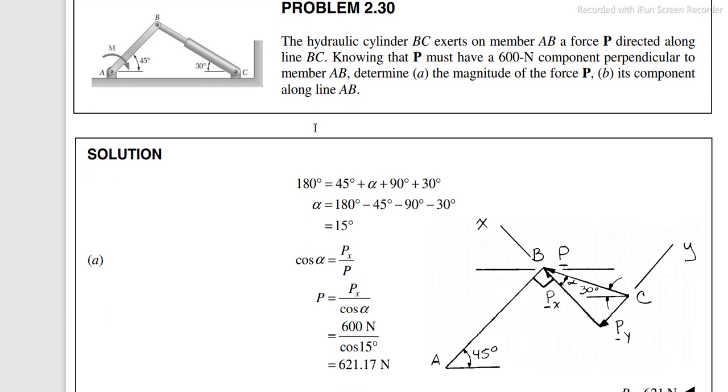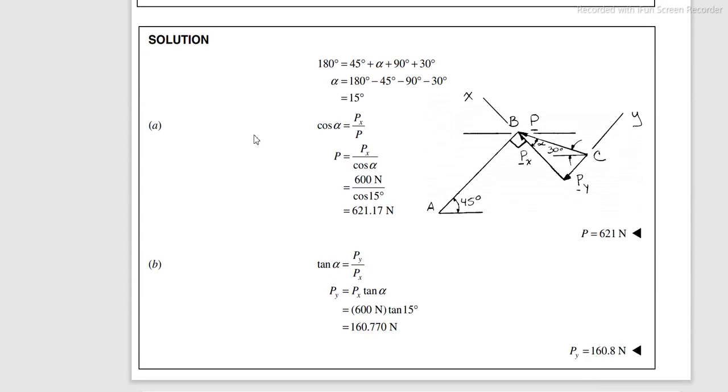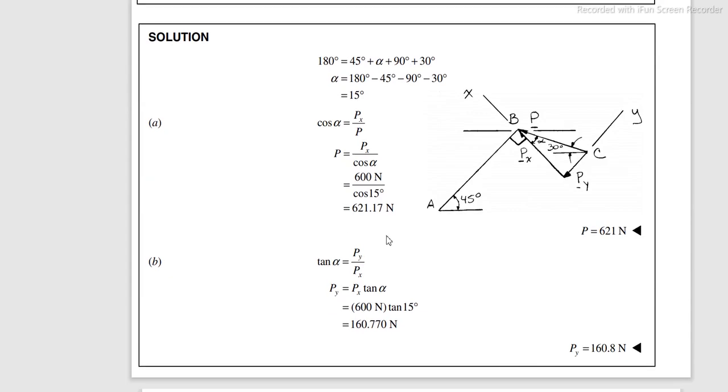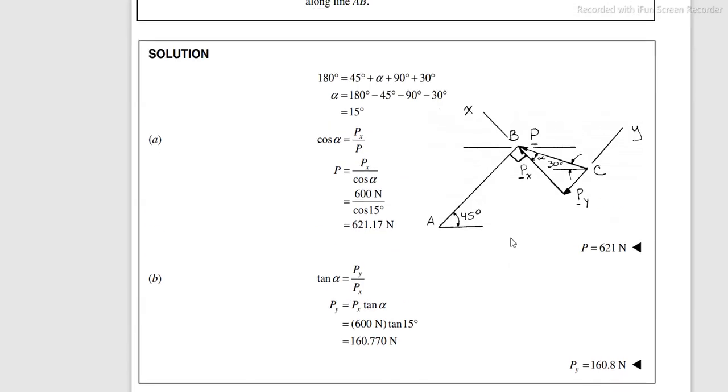Find the component along AB. The solution is, this is the free body diagram, and applying this rule, P and Py will be measured.